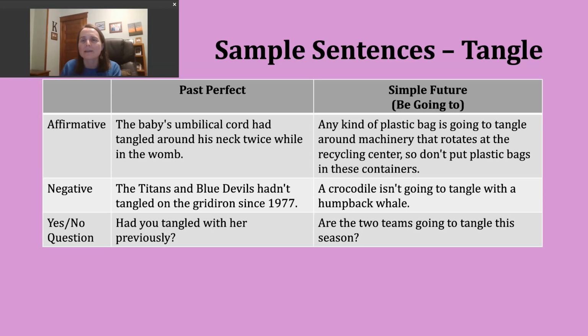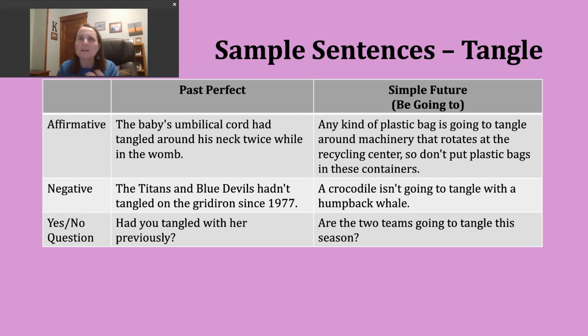Let's take a look at an example sentence. Any kind of plastic bag is going to tangle around machinery that rotates at the recycling center. So don't put plastic bags in these containers. Okay.